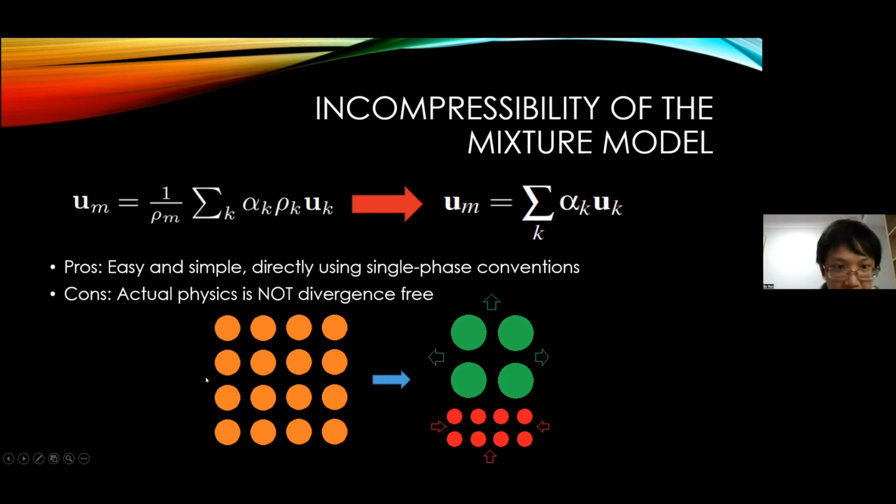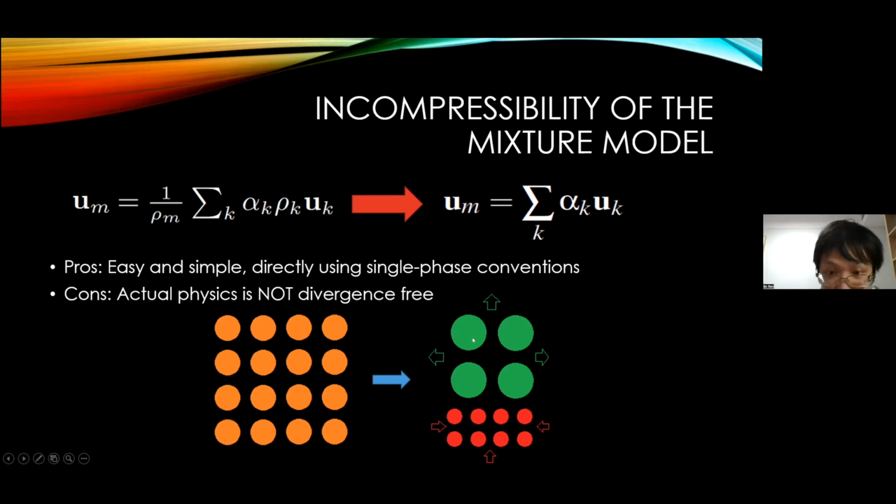I use yellow dots to represent the initial particles. Finally, you will see the green dots lie above the red dots, and inevitably the green particles will occupy a larger volume than the red particles, because the particle masses are the same and the green ones have a lower density value.